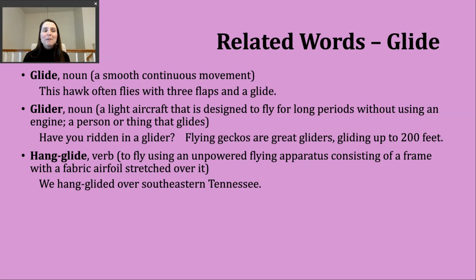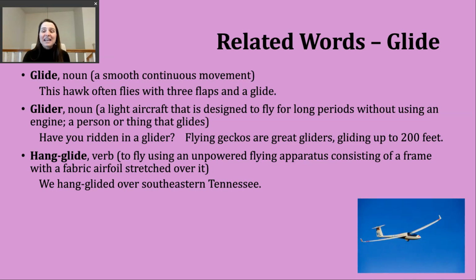Another related word you might hear is a glider. I mentioned this at the beginning as we were looking at the second definition here. So one way you'll hear glider used is to refer to a light aircraft. It's meant to go through the air for long periods of time, but it doesn't have an engine.